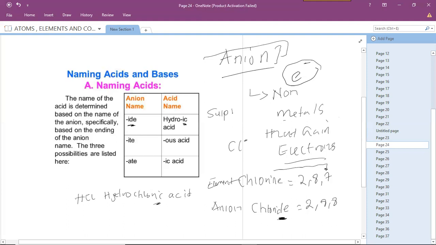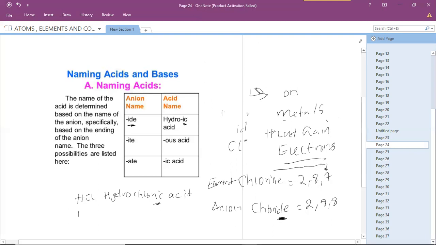Let's look at another anion, let's say sulfur. If sulfur gains electrons as an element, it will be called sulfide, S2 negative. Let me draw this so that you see it properly, so that I also go about telling you again how to name binary ionic compounds.